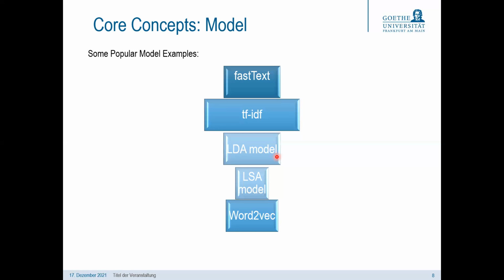That's the reason it's a generative statistical model. The other popular model which I want to talk about is LSA, latent semantic analysis, and it's also a technique in NLP, natural language processing, that allows us to analyze relationships between a set of documents and their containing terms.